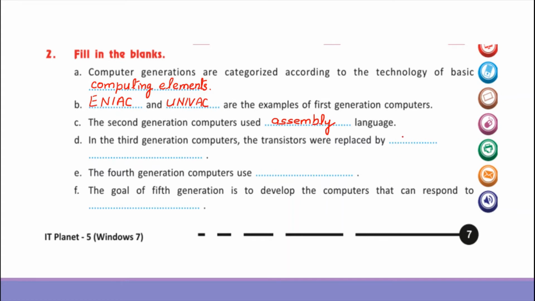So let's write here integrated circuits. E. The fourth generation computers use dash. Children, the fourth generation computers use microprocessor. Right here, microprocessor.